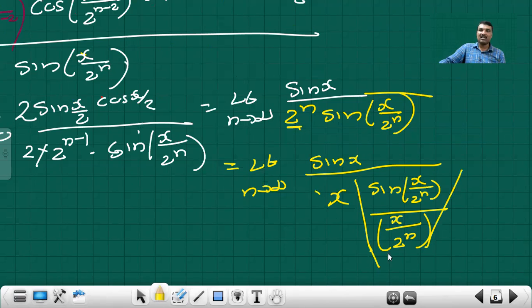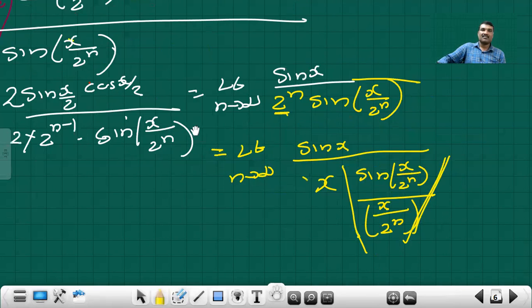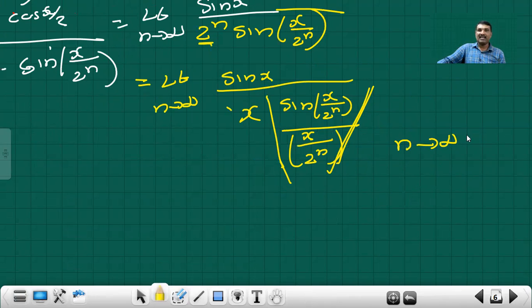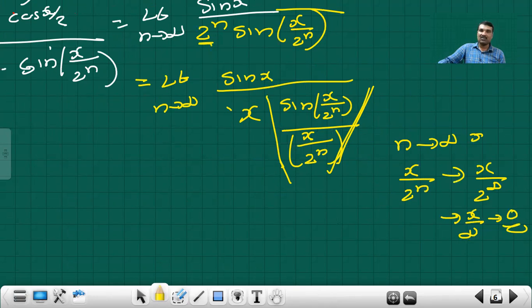So what's the value of this limit? When n tends to infinity, x by 2 raised to n tends to x by 2 raised to infinity. That is x by infinity, that tends to 0. So this becomes sine 0 by 0.